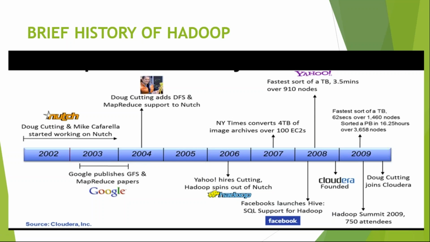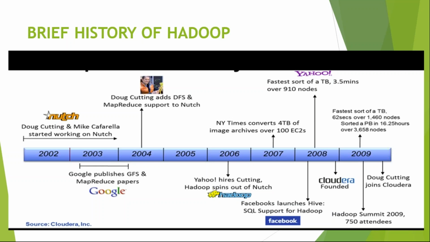Google doesn't want to share the source code; they are a bit selfish. Between 2003 and 2004, they launched a white paper saying that if we have a big data problem, we can process it using GFS, the Google File System, and MapReduce. They just gave the abstraction.